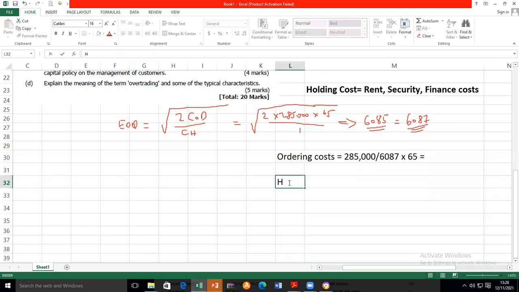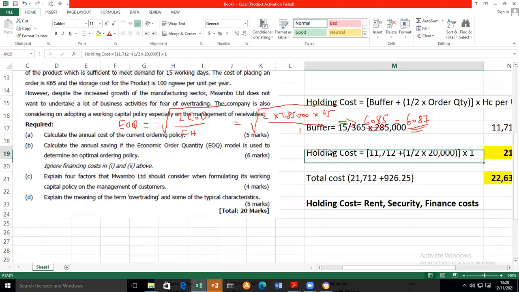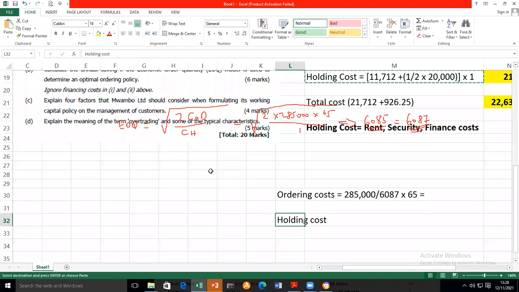Holding costs. It's half of what this time around? 6,087.